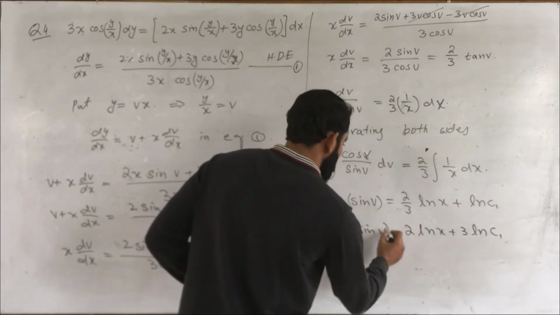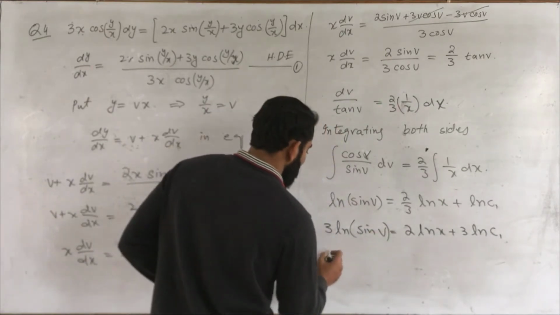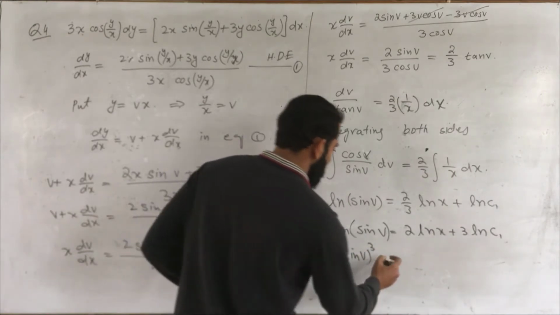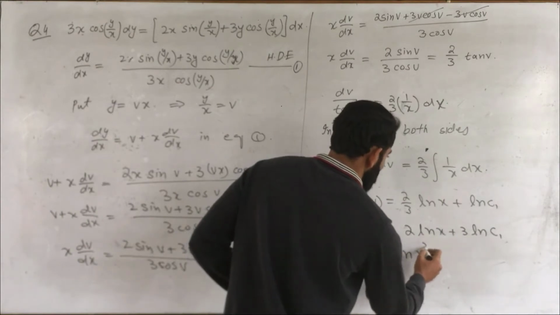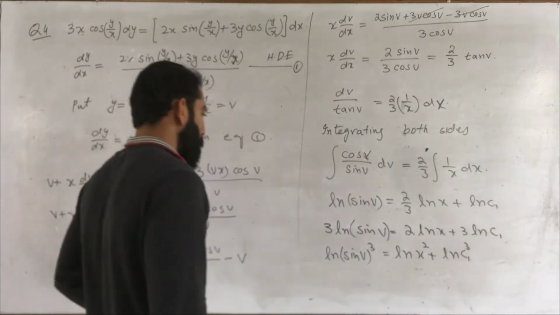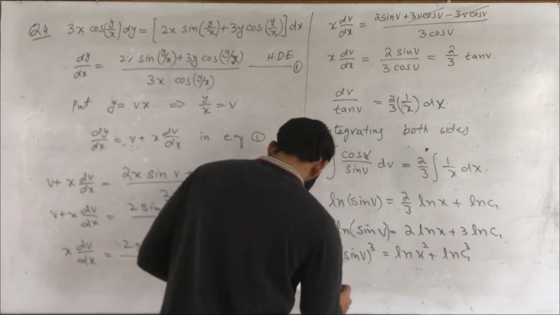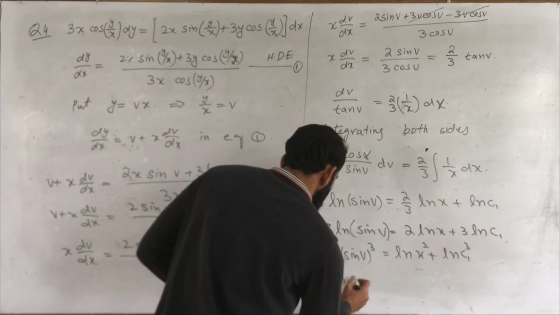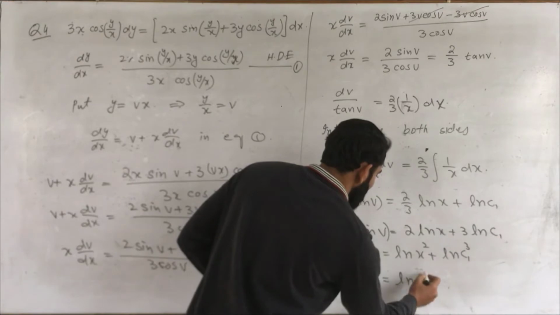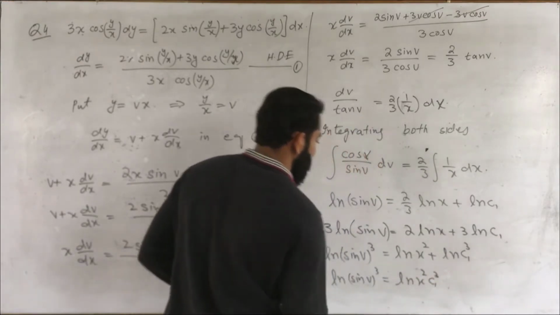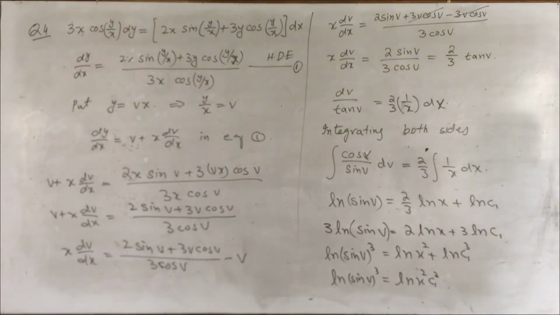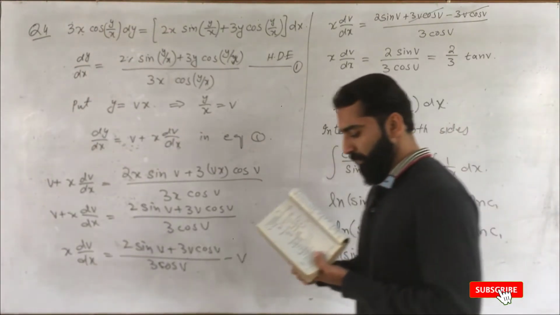Applying the property of natural log, natural log of sin V raised to power 3 is equal to natural log of x square plus natural log of C1 cube. Again applying the property of natural log, natural log of sin V cube is equal to natural log of x square C1 cube. After cancelling the natural log, we get the general solution of the differential equation of question number 4.